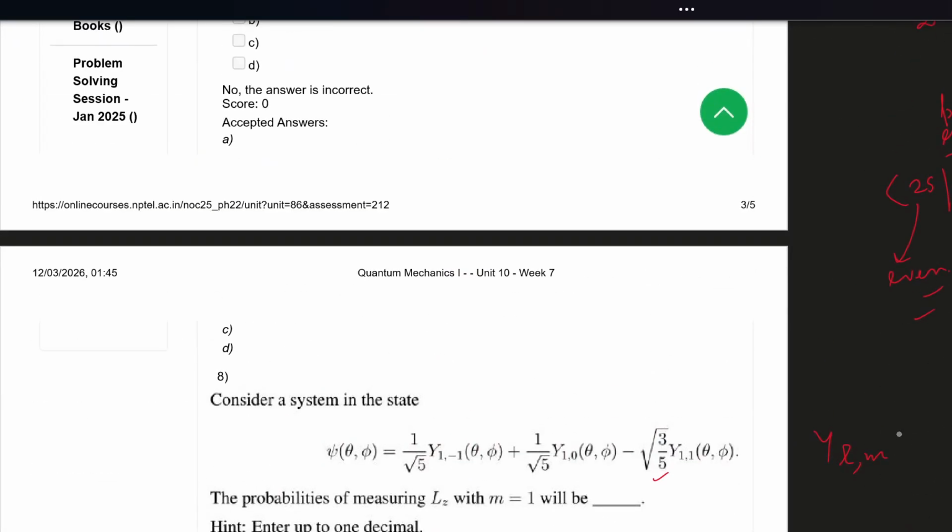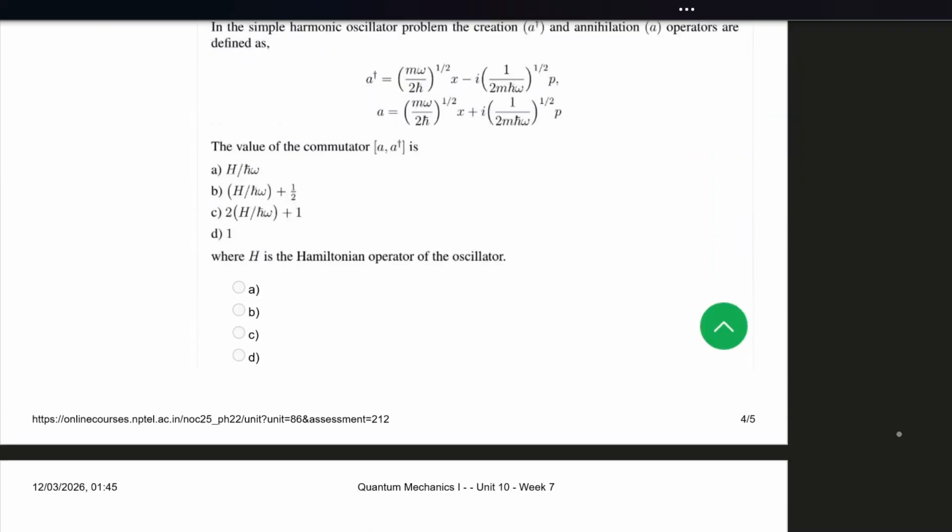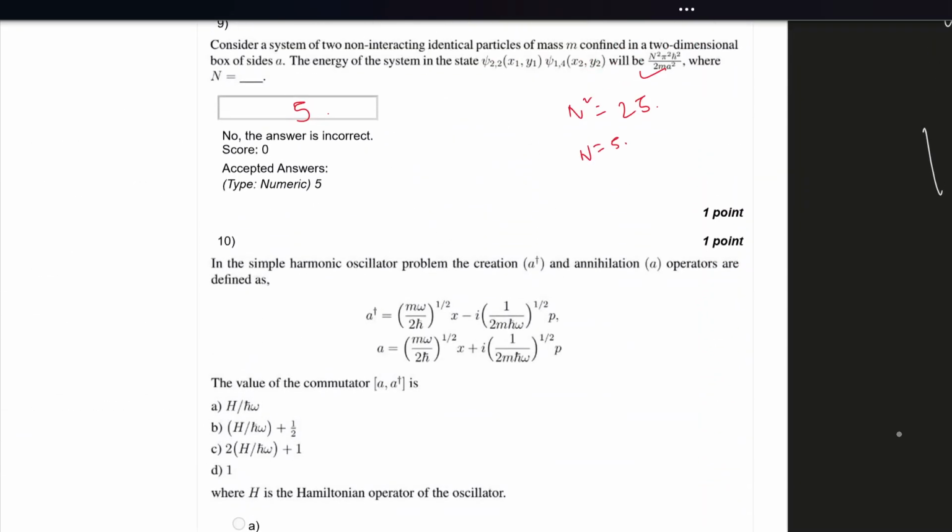Let me see again the forms. So a is equal to root over m omega by 2 h cut x plus i by the same thing p, and then minus i for a dagger, for x and p.